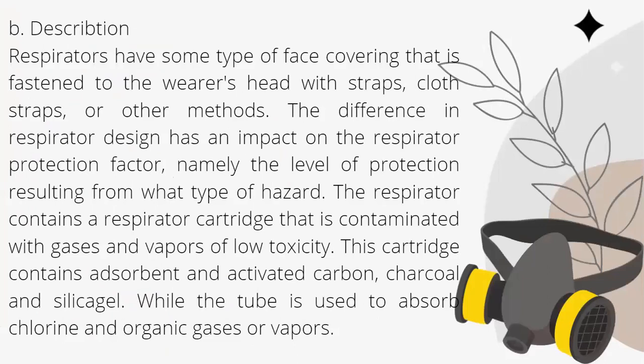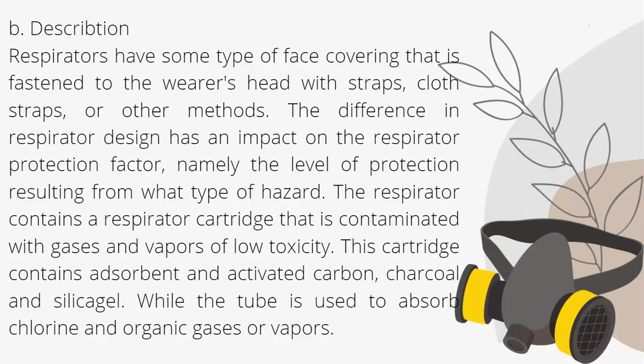B. Description. Respirators have some type of facepiece covering that is fastened to the wearer's head with straps, cloth straps, and other methods. The difference in respirator design has an impact on the respirator protection factor, namely the level of protection resulting from what type of hazard.